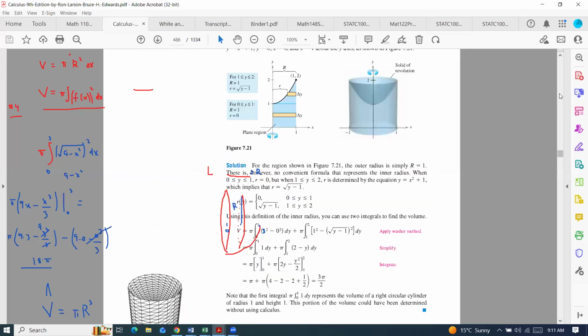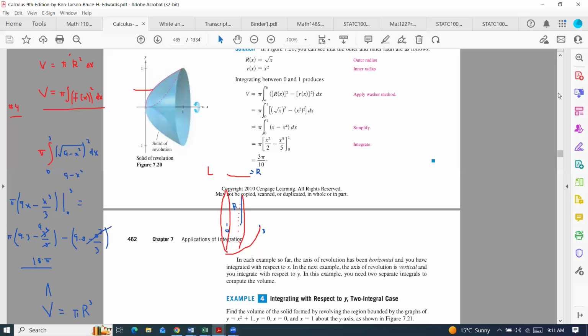So they have awesome pictures here. Nowadays they have various figures like the one they have here. They produce a revolution of not just one curve above, but there is a curve below. So they actually want you to get that cone and take it out.